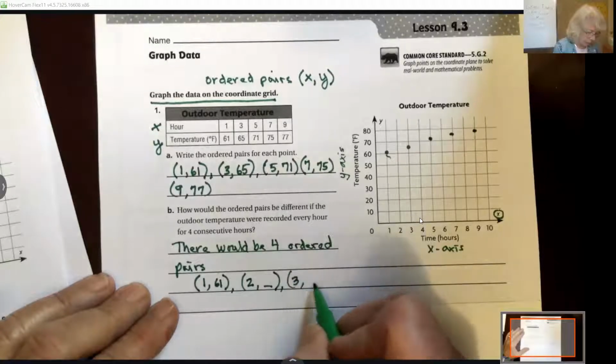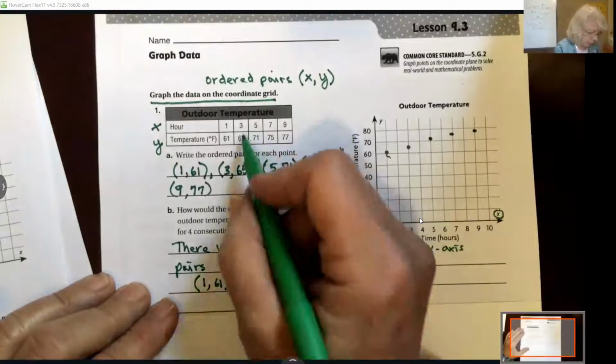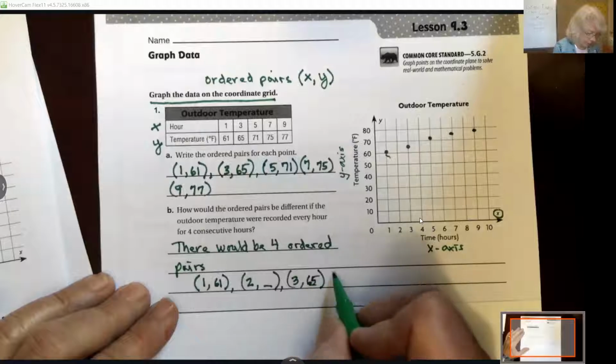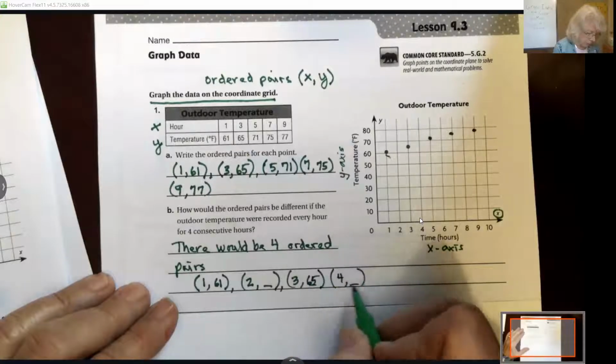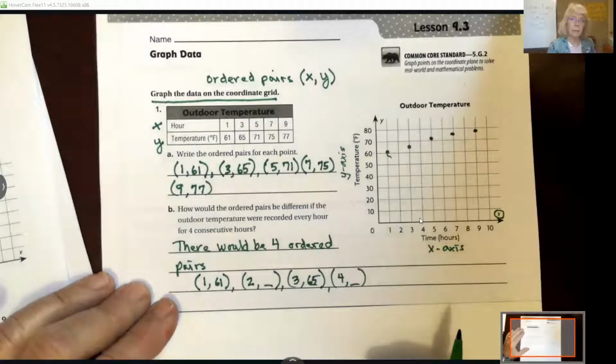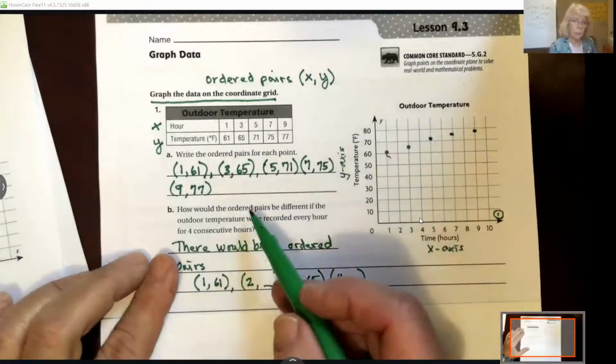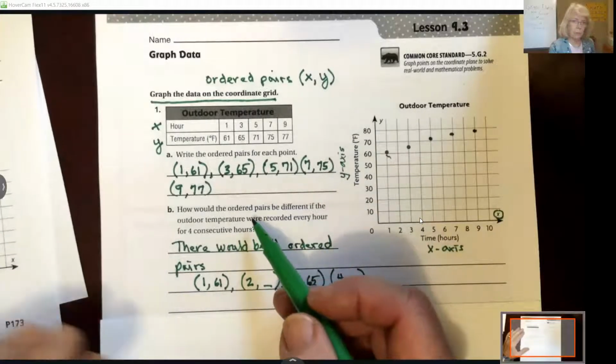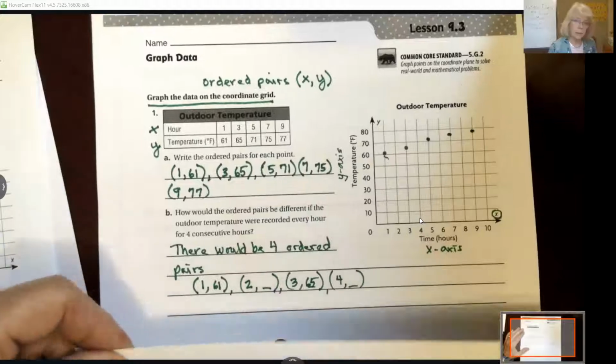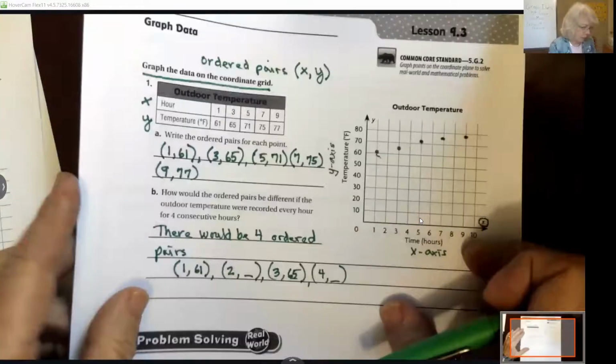Hour 3, and a temperature, and we know that one, 65. And hour 4, and an unknown temperature. So that's all they're looking for there, is to see if you are understanding what it means to record every hour. Okay, let's go on to problem number 2 on this page.